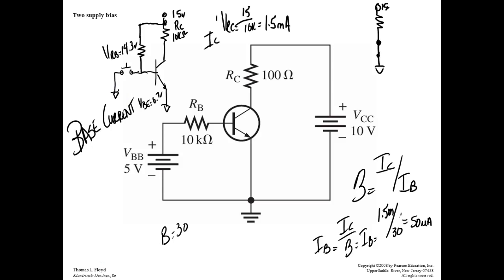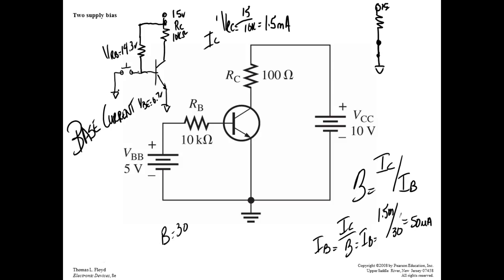Why would it cut off? Because we're bringing the base to 0. Then this resistor right here is going to drop the full 15 volts. It's not going to drop 14.3 anymore. If I put the base at 0, it's going to cut off. As soon as I let go of the switch, it's going to saturate. You've got to imagine this resistor right here could be anything.